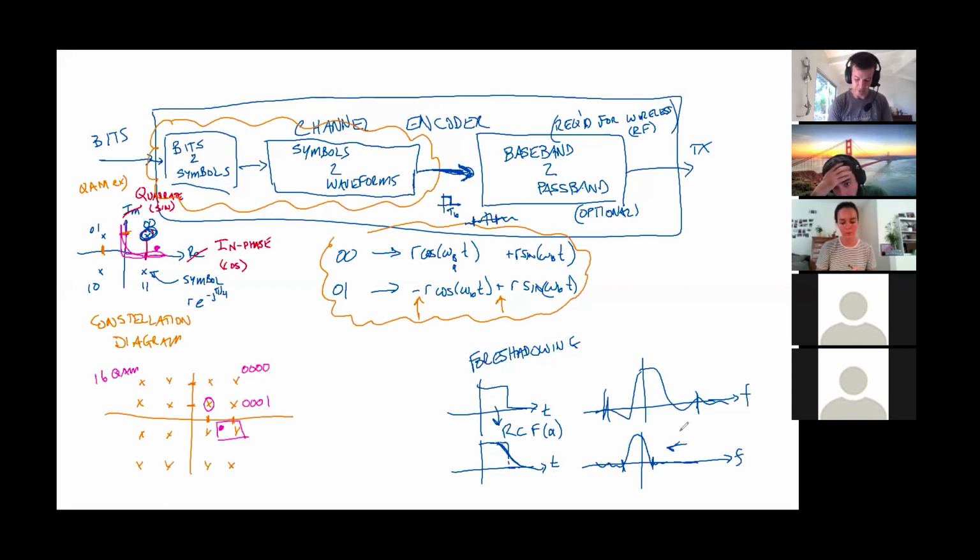So I call that foreshadowing because I do want to talk about it, but maybe not today. But a raised cosine filter would likely live maybe either in the front end of this block or in the tail end of that block. Thanks. Sure.